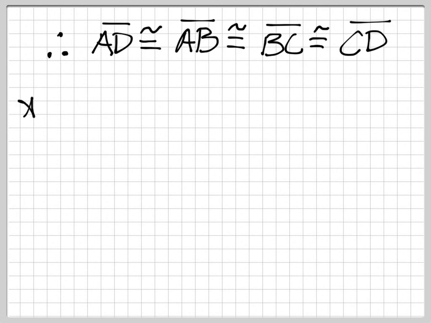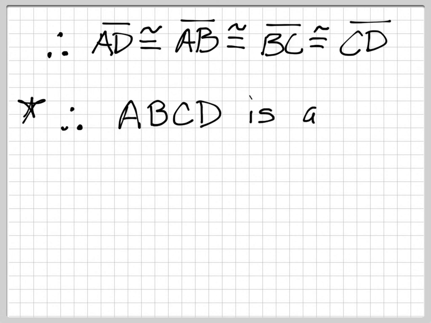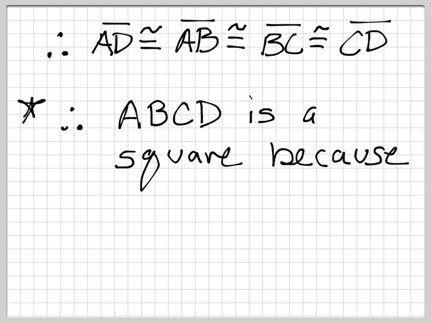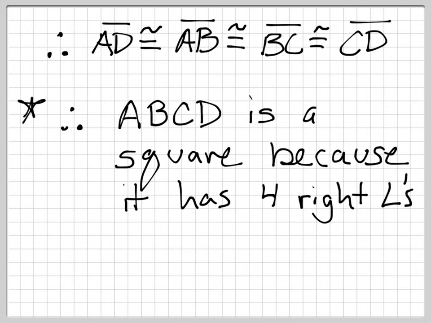And our conclusion, our finale, therefore, quadrilateral ABCD is a square. A lot of work for that, huh? Because it has 4 right angles and 4 congruent sides. And that's it for notes.